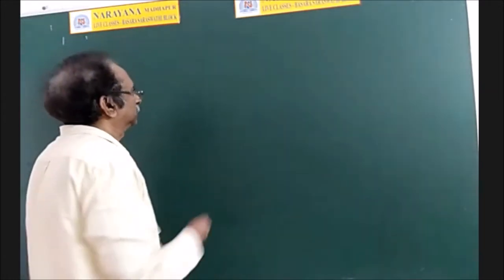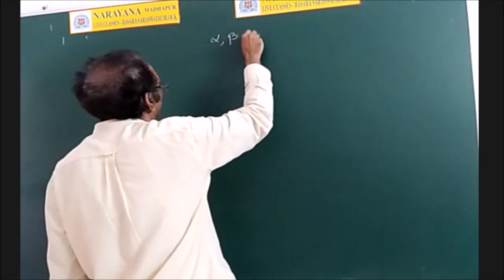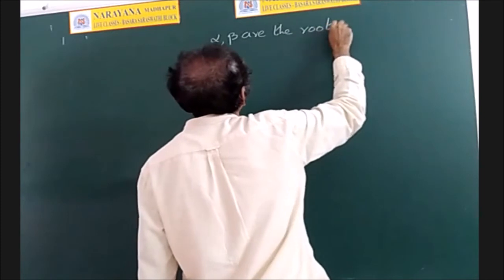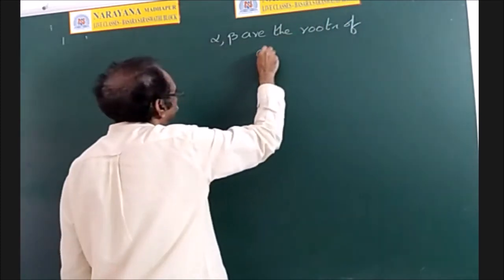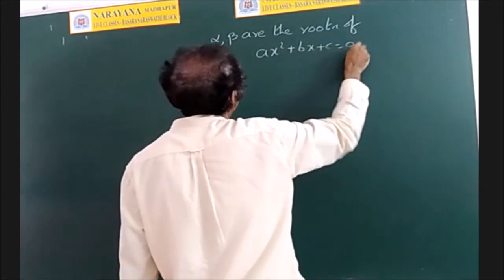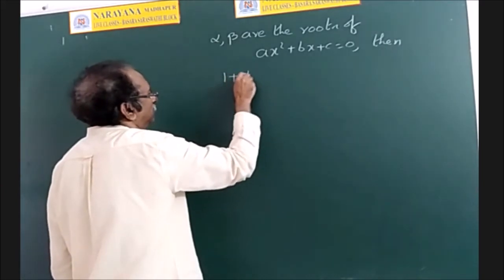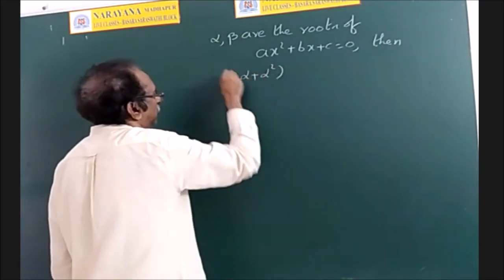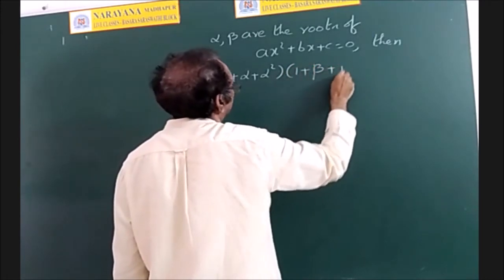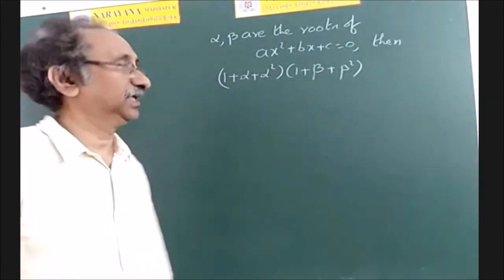Right. See, suppose alpha comma beta are the roots of ax square plus bx plus c is equal to 0. Then write 1 plus alpha square into 1 plus beta square in terms of a, b, c.